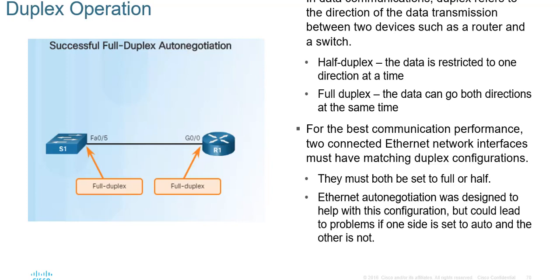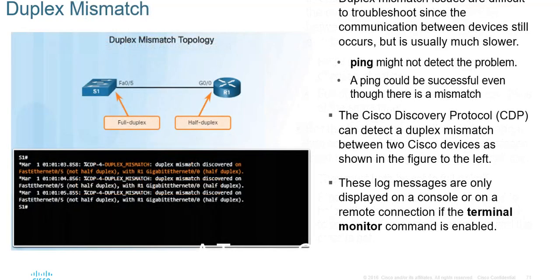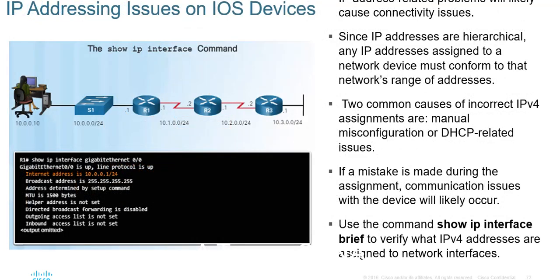When two switches are connecting, switches use full duplex. Your PCs and routers also run at full duplex, but a hub operates half duplex, so you have to be very careful with that. So when you are connecting two devices, you have to set the duplex as auto. Whenever you have a duplex mismatch, you have a network down.